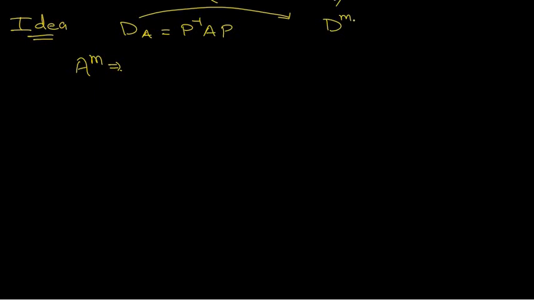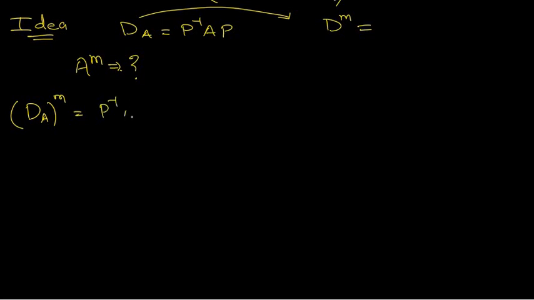So the idea is very simple. You have to find out this A raised to power m. You know d raised to power m is all the diagonal elements raised to power m. So let's write dA raised to power m.